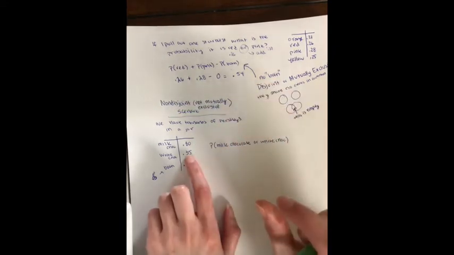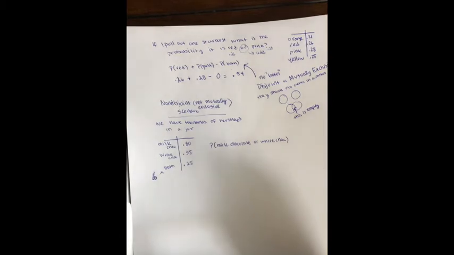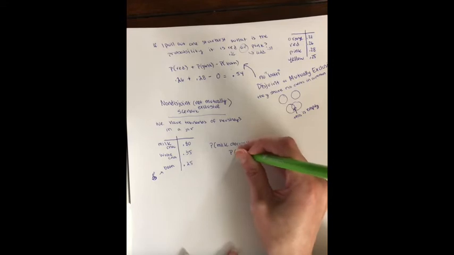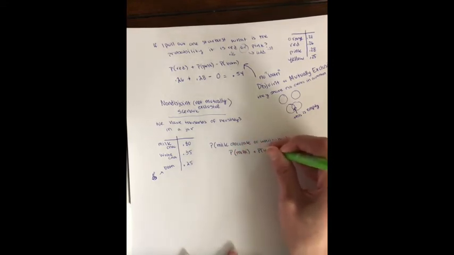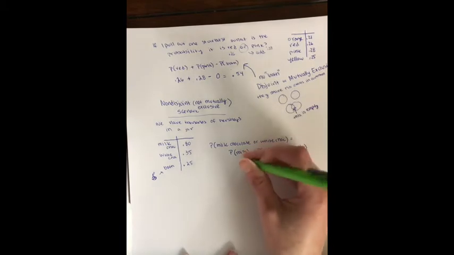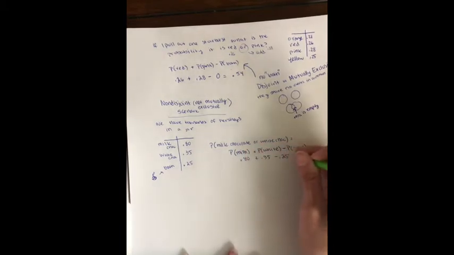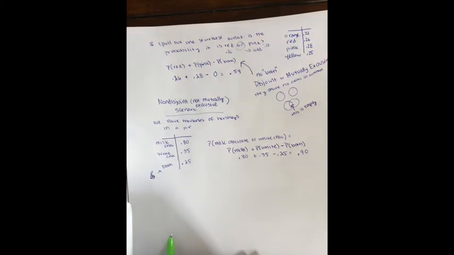Like if I pull out a hug, I'm gonna record it as milk chocolate and white chocolate because it has both. So with that in mind, I want the probability of milk chocolate plus the probability of white chocolate, but there are some double counted, so I need to take out that double counted group. So that would be 0.80 plus 0.35 minus 0.25. So 90% are milk chocolate or white chocolate.